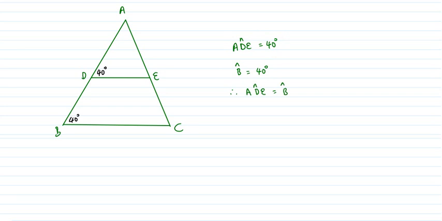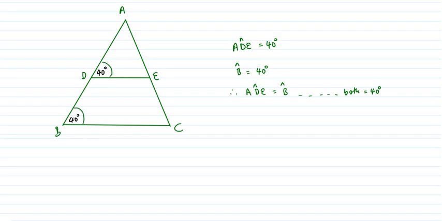And I'll give a reason for that. The reason is because both of them are equal to 40 degrees. That is why I'm saying they are equal. I'm not saying they are equal because they are parallel lines and they are corresponding. No, no, no. I'm saying they are equal because both of them are equal to 40 degrees.